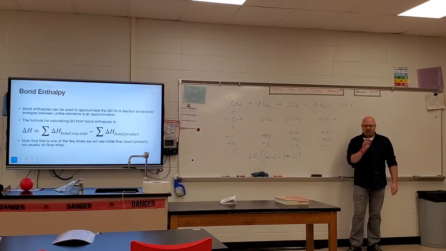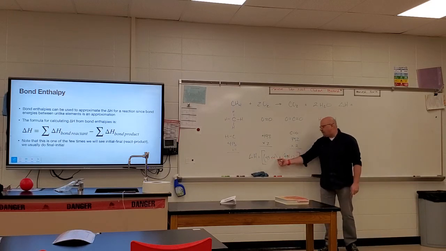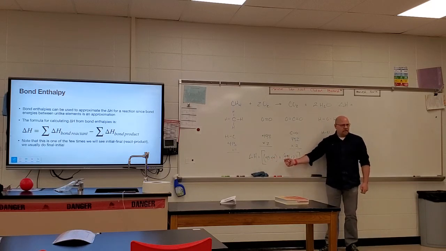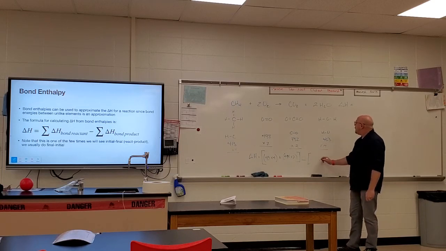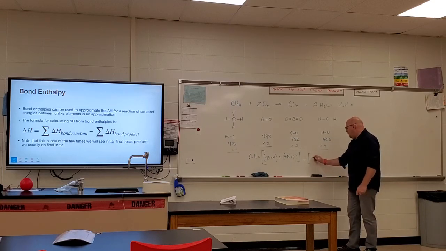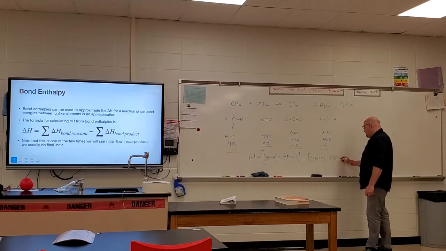Now the reason why this works with this equation is because we want these to be positive. Because they're representing breaking the attractions. Minus 732 times 2 plus 463 times 4.